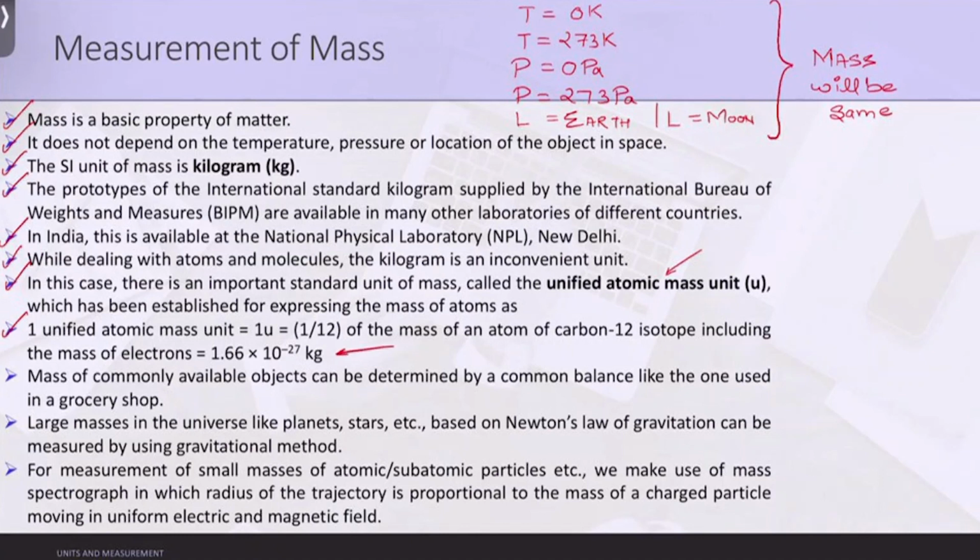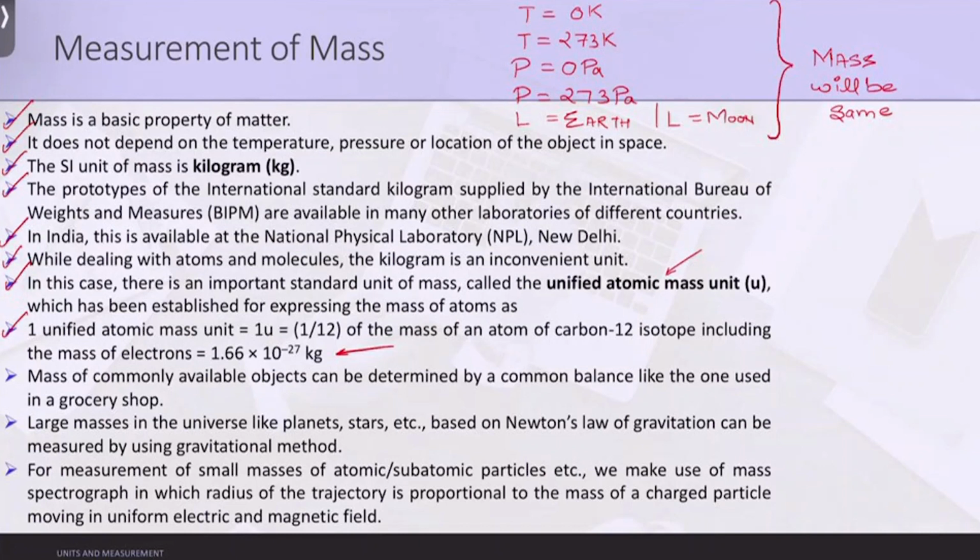Okay. So the portion which says 1/12 of the mass of an atom of carbon-12 isotope, including the mass of electrons, is just the definition being conveyed about the unified atomic mass unit, and the value for 1 u is equal to 1.66 × 10^-27 kg.